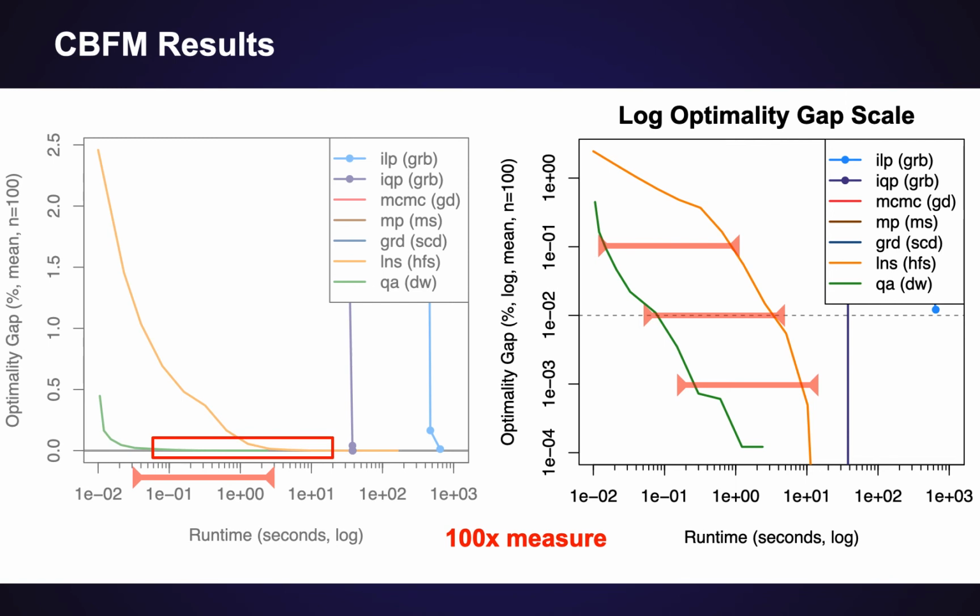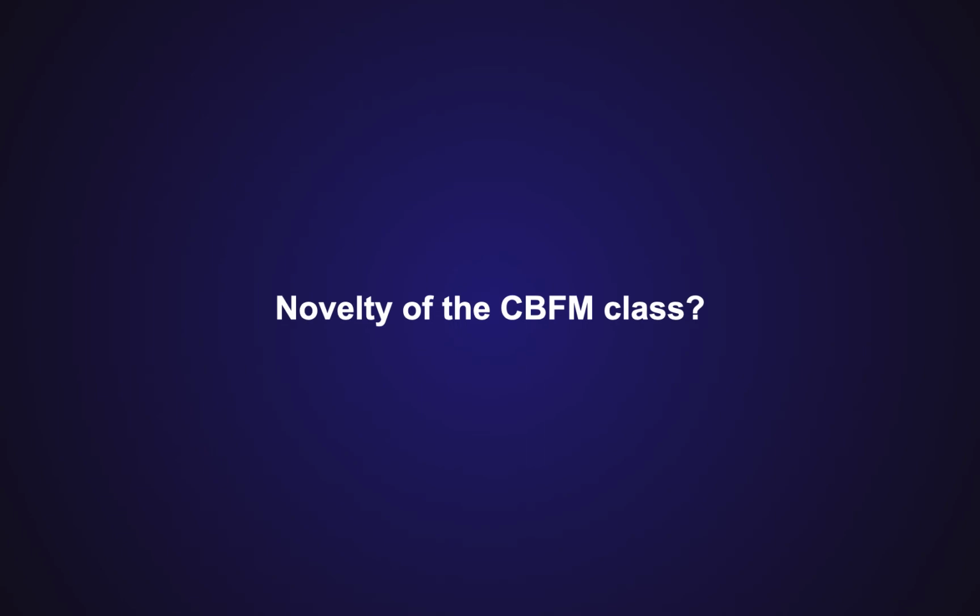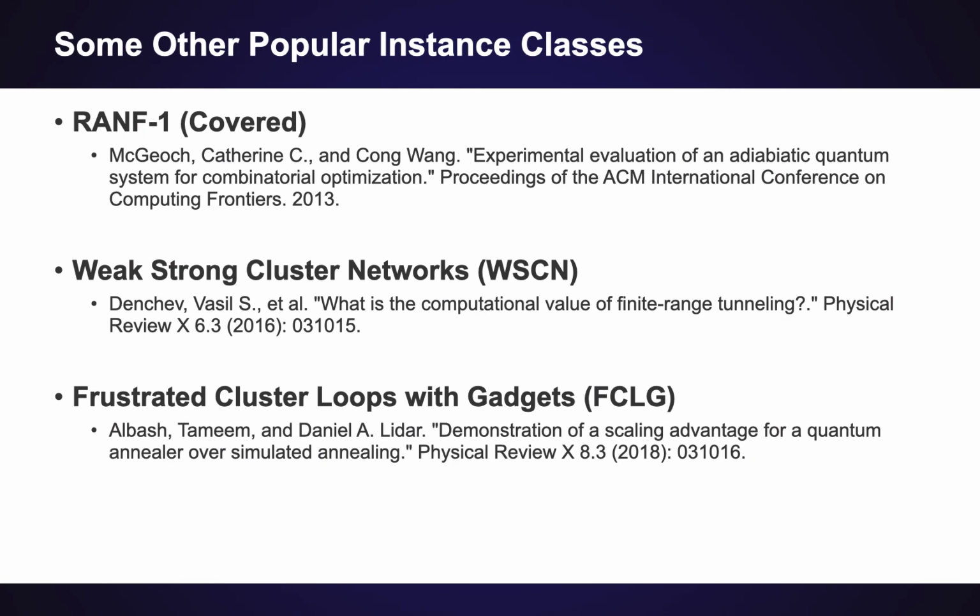We also asked a couple of other follow-up questions. The first one is: is this really a novel insight, or do other benchmarks out there have a similar property? Other benchmarks have not used the same metrics as we have, so it's useful to repeat the same analysis with those cases. So 3 of the most popular instance classes are this RAN-F1 case, which we talked about at the beginning of the talk.